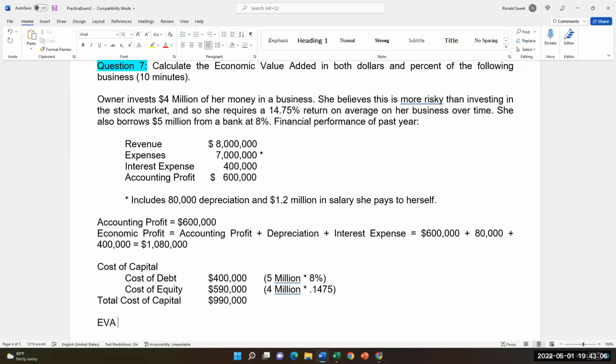So your EVA is just going to equal your 1080 minus your 990. That equals $90,000.